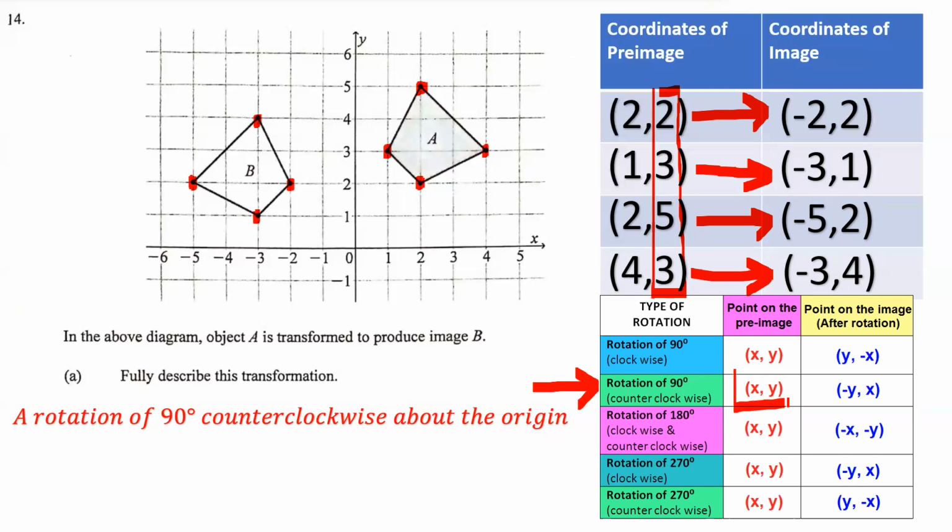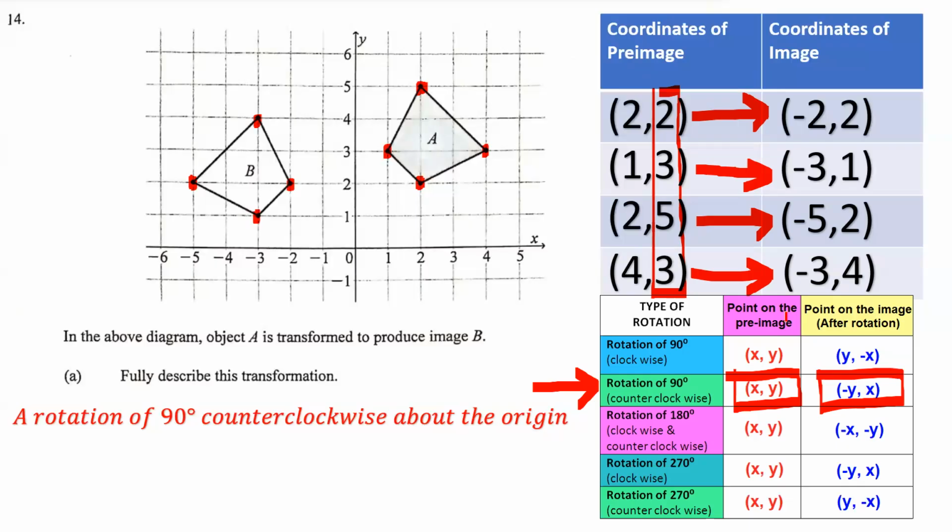It says if we are performing a 90-degree rotation, with the point of our pre-image being regular x, y, then in order to figure out the point after rotation, we take our y value and put it in the x value slot. So we have x and y, and we switch them so we have y and x, and then we negate the y value.